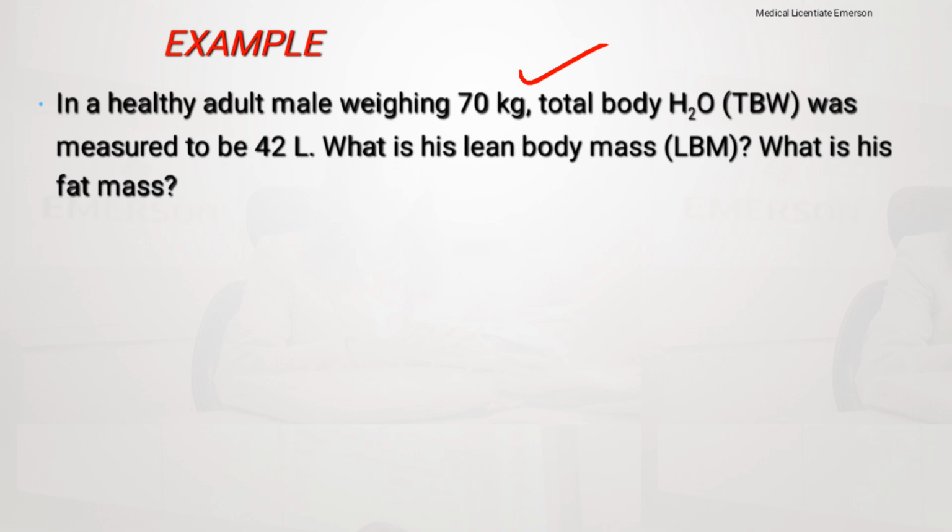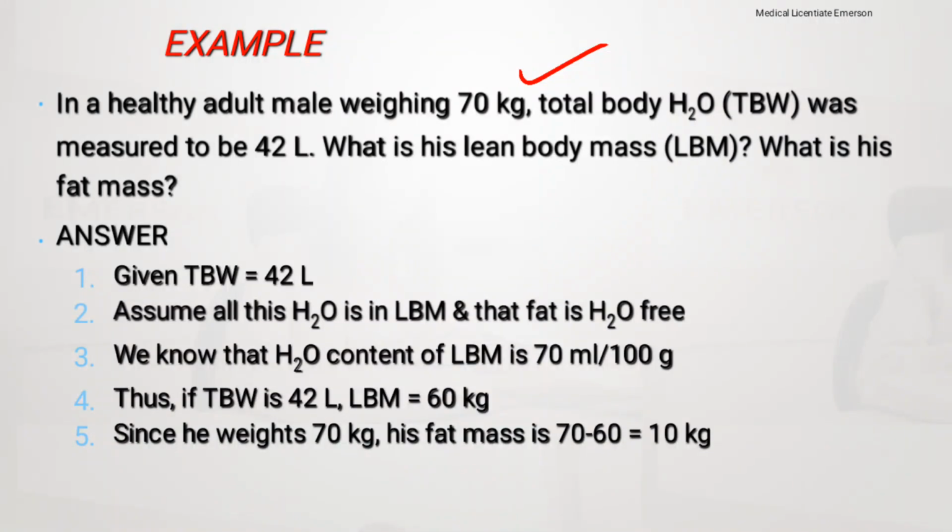And of course, what is his fat mass as well? Given the total body water of 42 liters, you have to assume all this water is in the lean body mass, and that fat is water free.